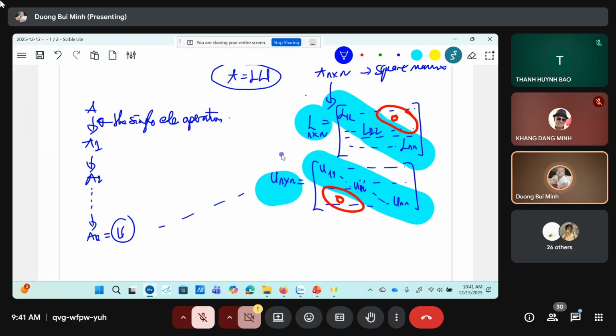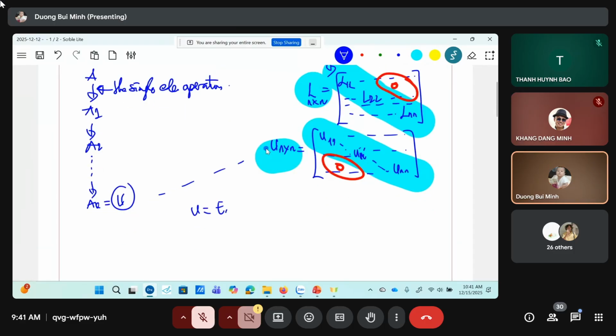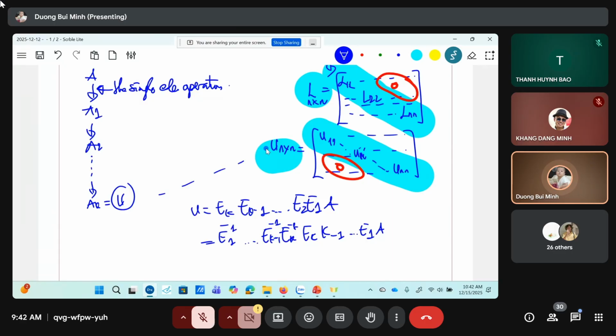Okay, so we can say U = E_k times E_{k-1} and so on, times E_2 times E_1 times A. If I multiply by the inverse of E_k, I write here E_{k-1} and so on, E_1 A. So if I multiply by E_{k-1}, that means the inverse of E_k is the inverse of E_{k-1} and so on, down to the inverse of E_1.